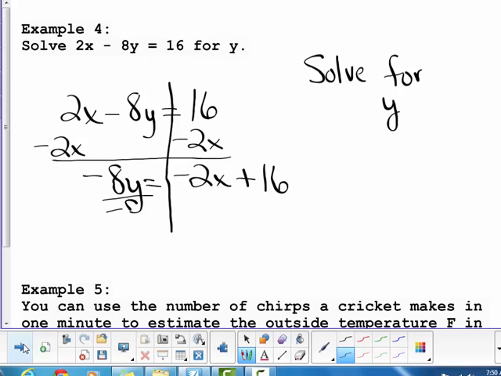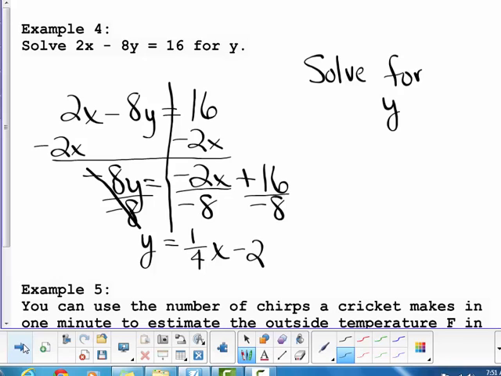I need to divide everything by negative 8. And I need to remember to divide every stinking term by negative 8. When I do that, I'm left with y equals, a negative divided by a negative is a positive, 2 over 8 reduces to 1 over 4, x. 16 divided by 8 is 2. A positive divided by a negative is a negative. So when I solve for y, I have y equals 1 fourth x minus 2.